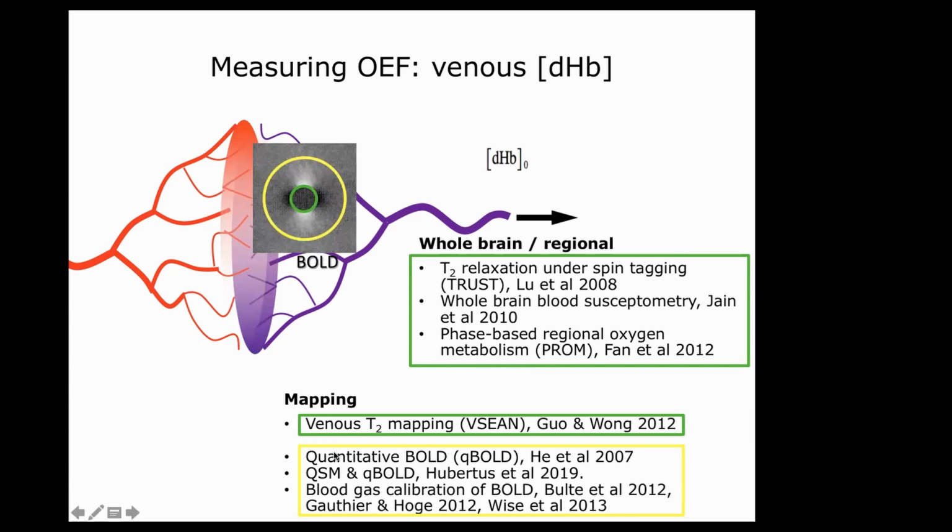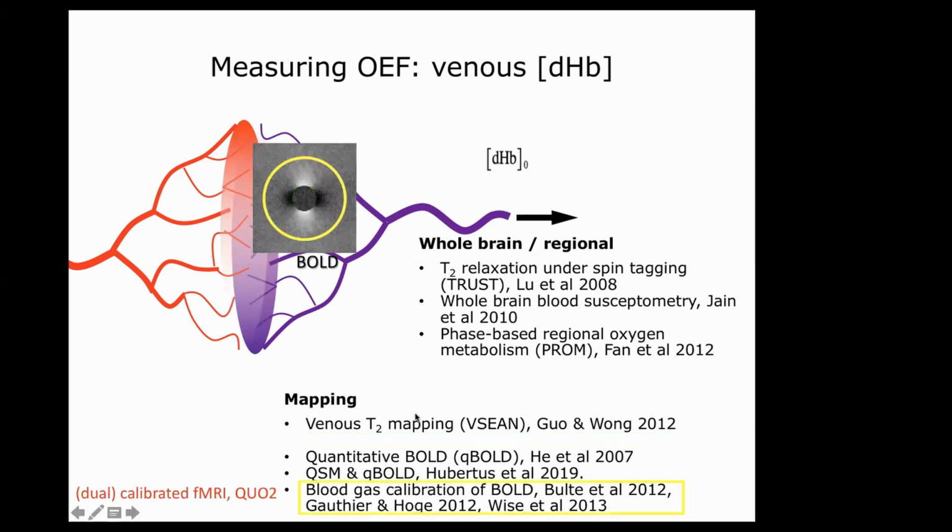So those might include the QBOLD and QSM type approaches, as well as what I'm going to talk about, which is based on the good old BOLD effect of almost 30 years ago, which has developed into this so-called calibrated fMRI, or we often call it dual calibrated because we're calibrating using two gases, or QO2, which has been coined by Claudine Gauthier from the original work almost 10 years ago now.